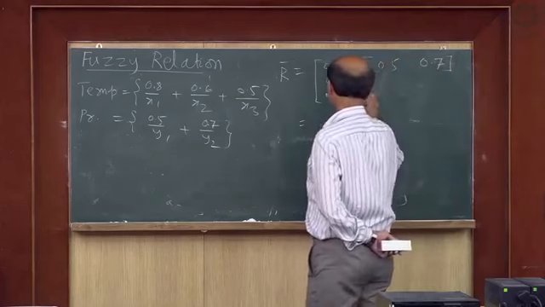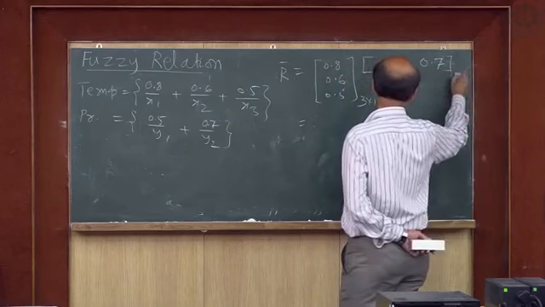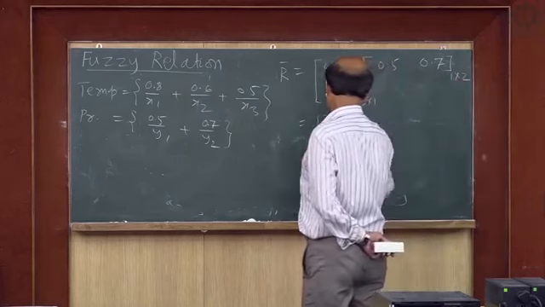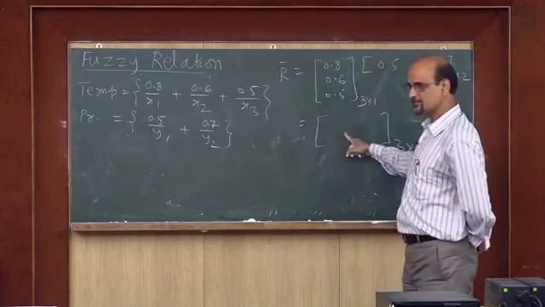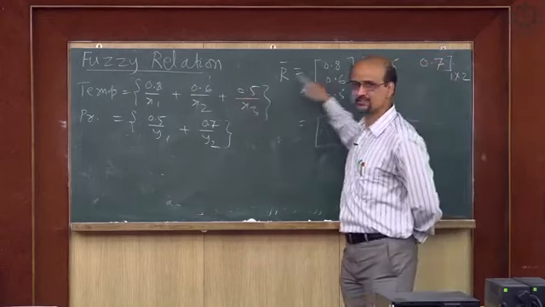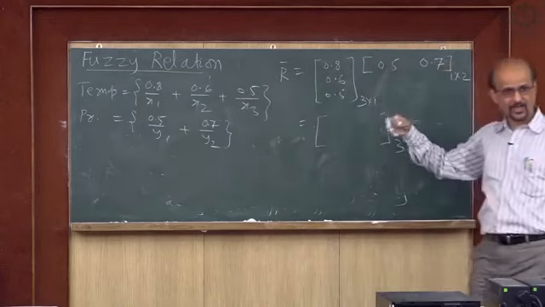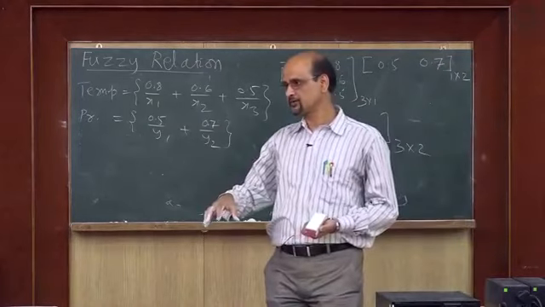Then this is 3 by 1 and this is 1 by 2. So, you can generate a 3 by 2 relation matrix; I will show later how to generate it for these temperature pressure relations. Like that you can have the relations and you can have the output accordingly.